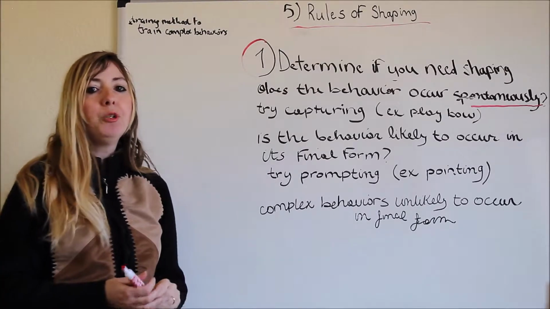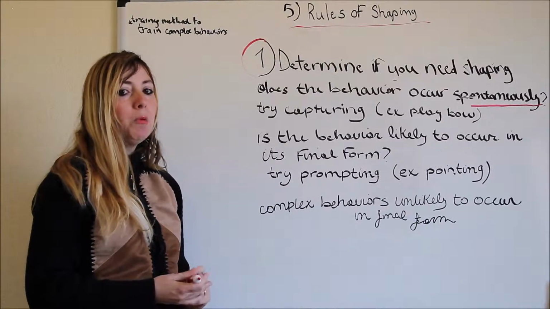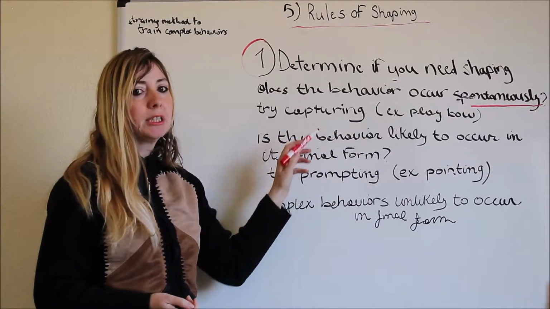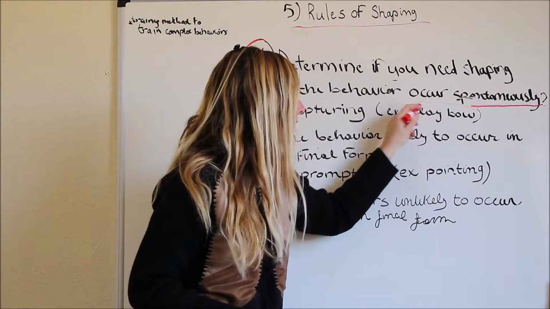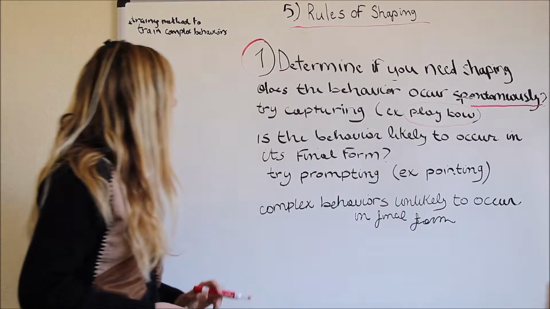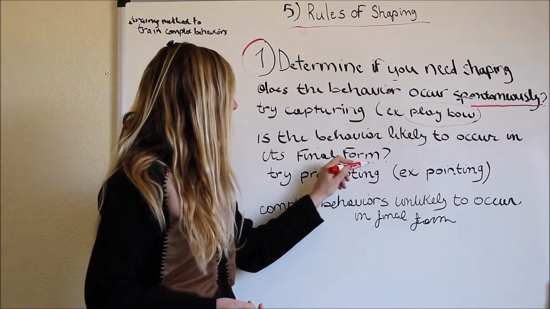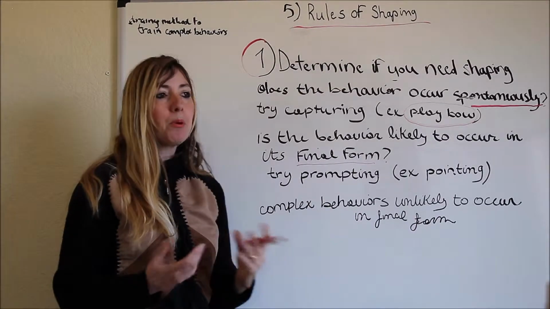For example, if you want to train your dog to take a bow on cue, you might want to use capturing, which means that you're going to be clicking and rewarding the spontaneous behaviors as they occur, such as when your dog does a play bow. And the other question is, is the behavior likely to occur in its final form? Then you might want to try perhaps prompting.